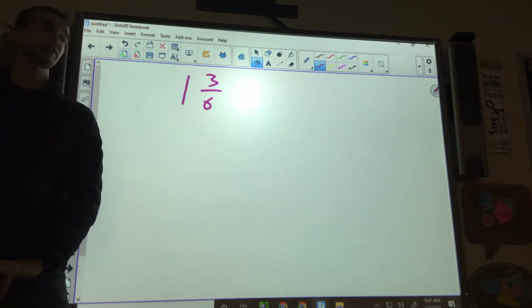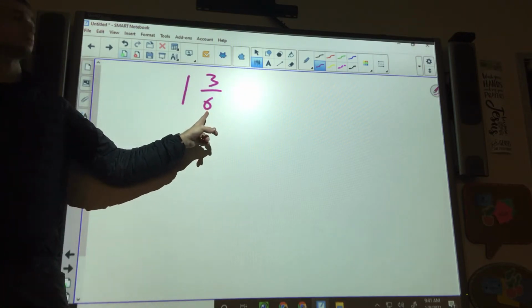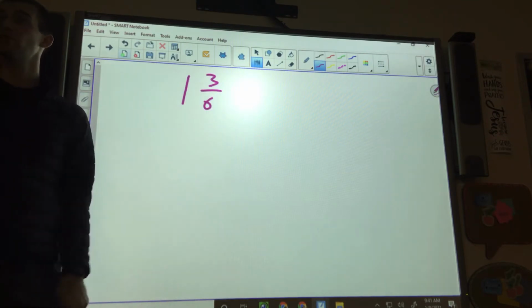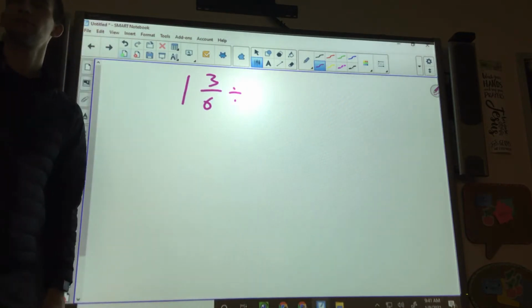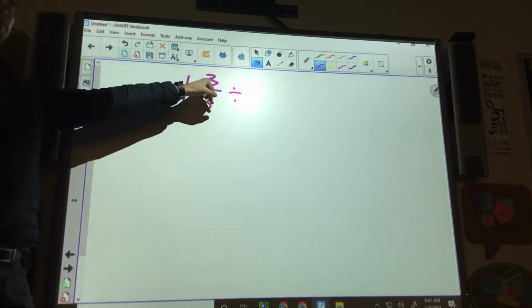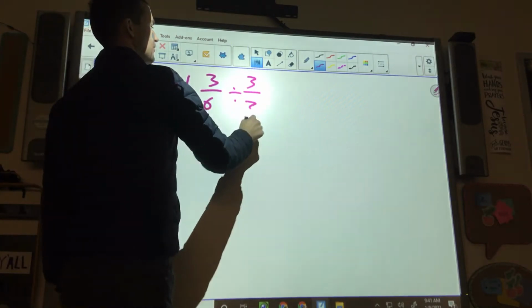Can you multiply 6 by anything and get 10? No, but what can we do first? 3 over 6. Is 3 over 6 simplest form? No. What do we have to divide by? 1, 2, or 3? Or is it something else? What is the biggest number that goes into 3 and 6? 3. So divide by 3 over 3.